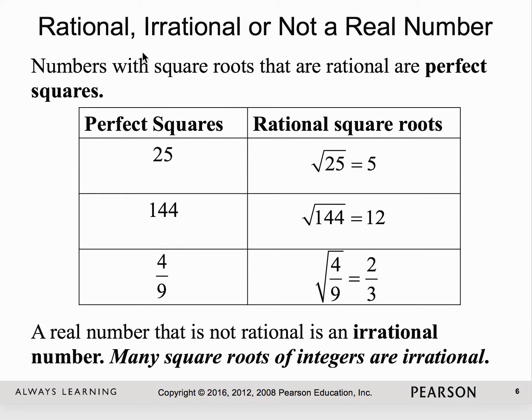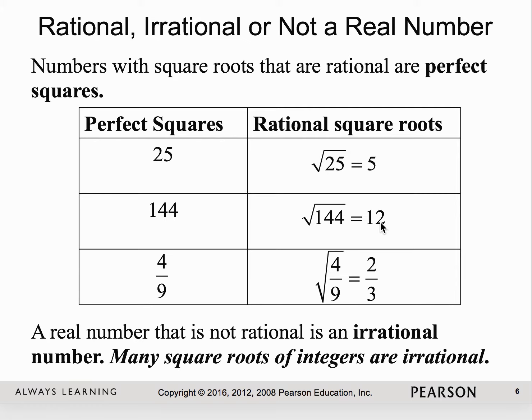Okay, rational, irrational, or not a real number. If the radicand, the number underneath the radical sign, is a perfect square, then our answers are rational numbers.